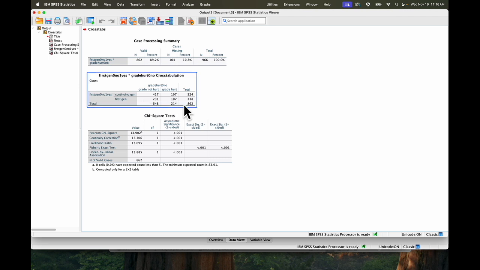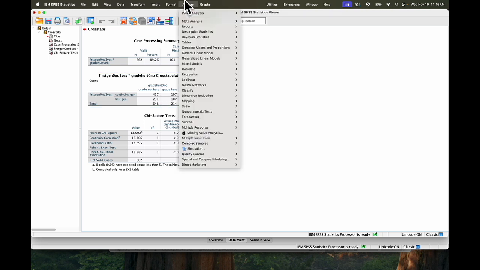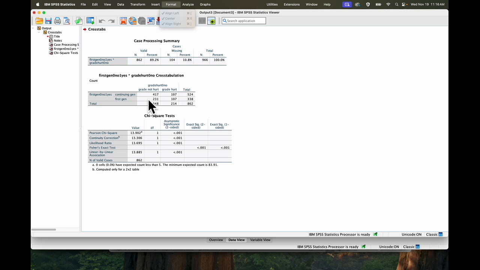Now, just reporting these numbers can be a little confusing to try to keep track of all those counts in your head. So reporting the percentages within those cells can be really helpful. What we're interested in here is, percentage-wise, what percent of continuing generation students say that their grade was not hurt, and what percent said their grade was hurt, and then the same thing for first gen.